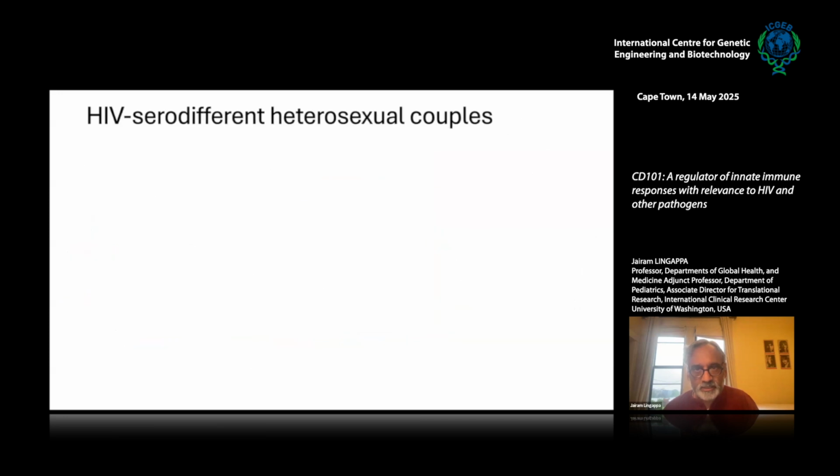Recognizing that cohorts like the Nairobi sex worker cohort did demonstrate some mechanisms for host protection against HIV, we at the University of Washington had been actively involved in coordinating cohorts of HIV serodifferent heterosexual couples, and we thought that this would be a unique context in which to look at that same question of protection from HIV or susceptibility to HIV.